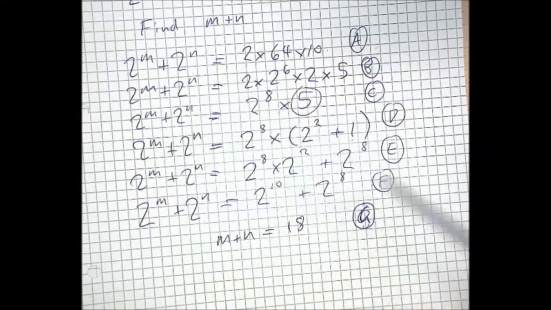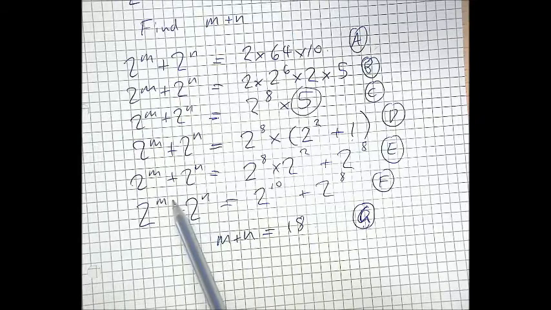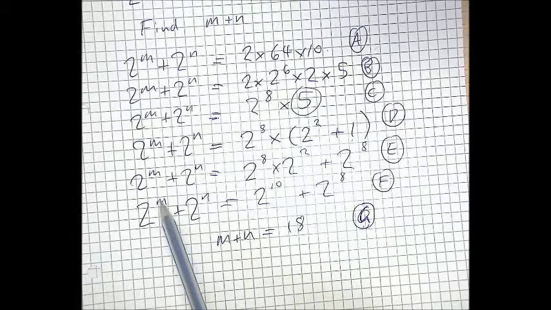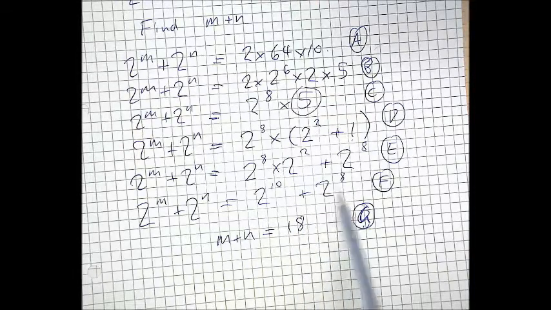I'm pretty sure that m has to be 10 and n has to be 8. But I'm not completely sure because there could be some other way, like maybe it would still work if that was 11 and that was 7. But from the way I've made this look, I'm pretty sure that m plus n has to be 18, or else how on earth could it come out to be the same as the other side?